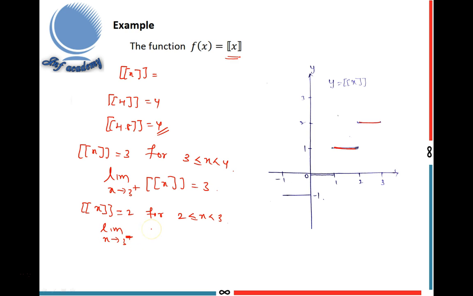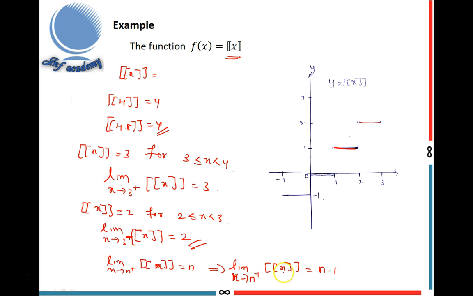Minus means from the left value, the greatest integer function equals 2. Generally we can write, here I write 3 only. Generally we can write limit x tends to n plus of greatest integer x equal to n, but limit x tends to n minus of greatest integer x equal to n minus 1.